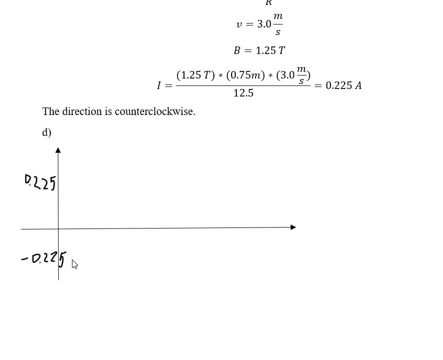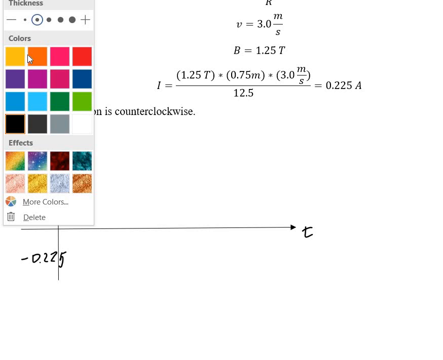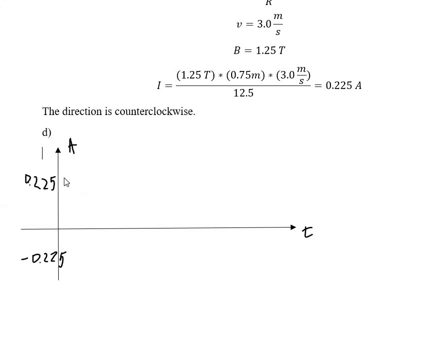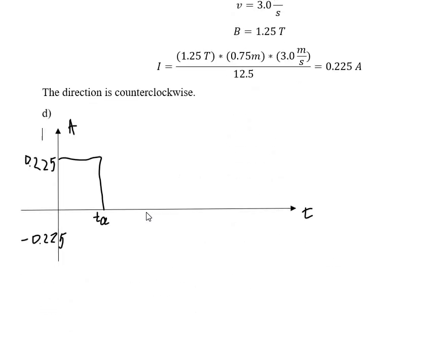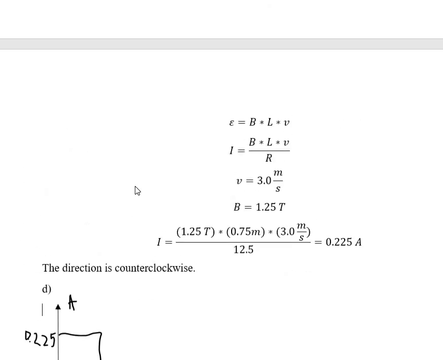We also have to define the axes as well. This one is current in A, and this one is time. So sketching that, we have to just put it like this, because we have time A, from part A. Then we found that the magnitude of the current from part B was 0.